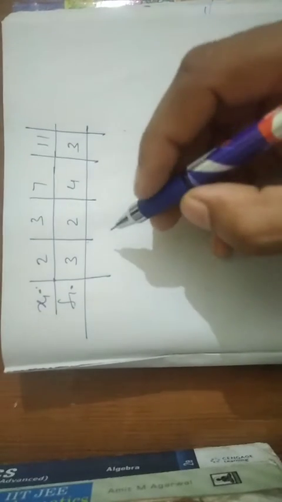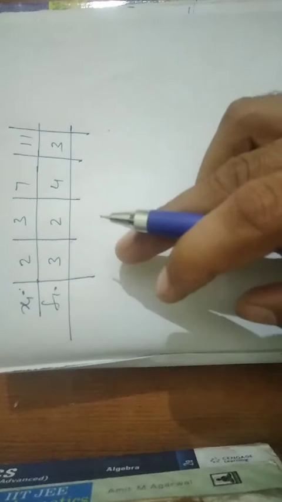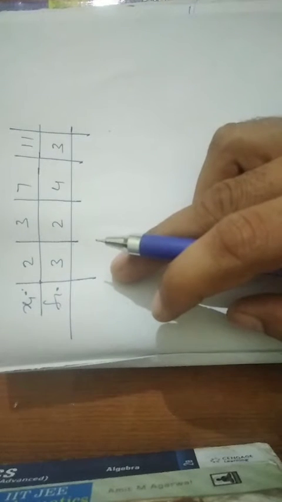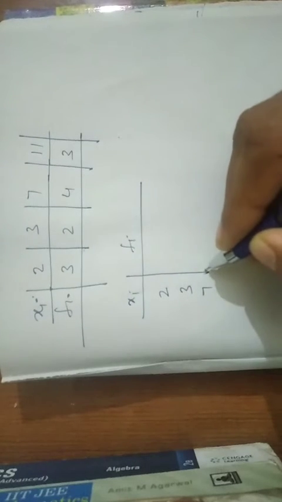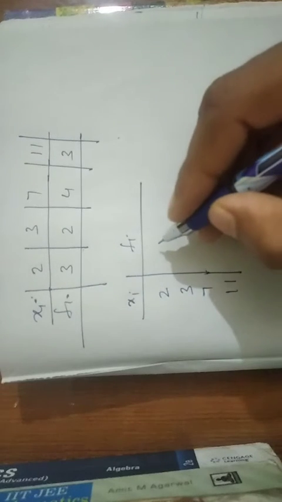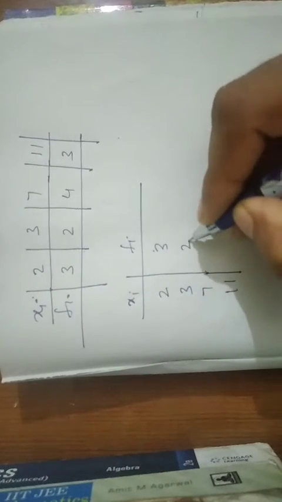So dear students, first we have to make the columns corresponding to xi and fi, and after that we have to make another column xi into fi. This is xi and this is fi. So values of xi's are 2, 3, 7 and 11, and values of fi are 3, 2, 4, 3.